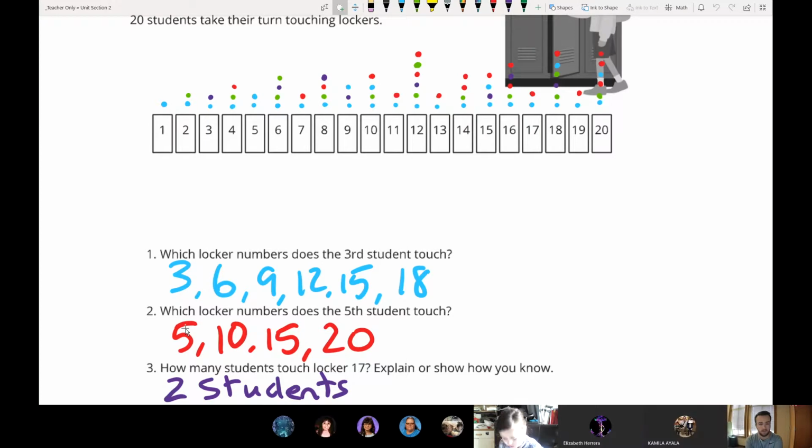Elizabeth, are you there? How did we show that only 2 students touched the 17th locker? What did we do in our diagram?